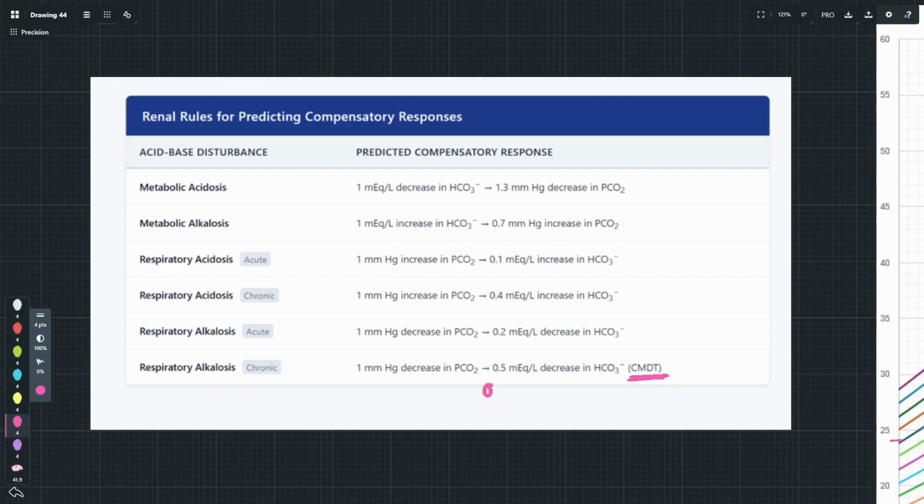Costanzo Linda has this value 0.4, which is slightly off in my opinion. Actually, not my opinion. Most of the other textbooks have this 0.5 value. Even the nomogram in most of the textbooks follows the 0.5 value, but 0.4 is not technically wrong, but this one is a bit more accurate.